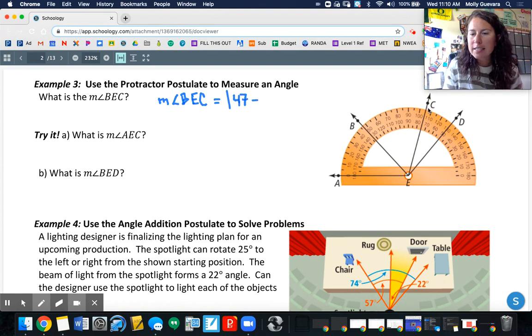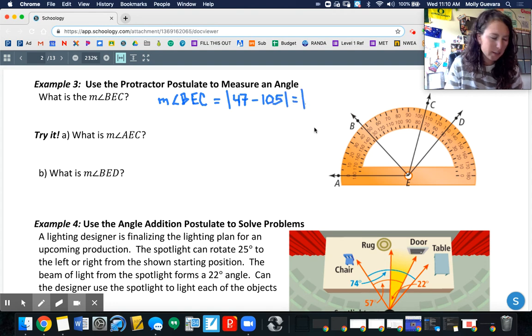Minus C, again, I'm going from here. Here's 0, right? So here's 100, here's 110. It's right at 105. So when I subtract those, I get negative 58.